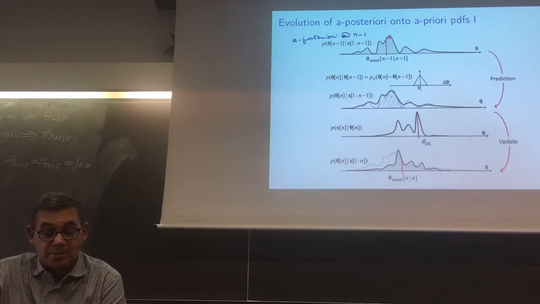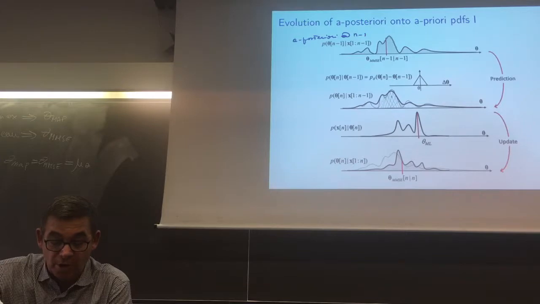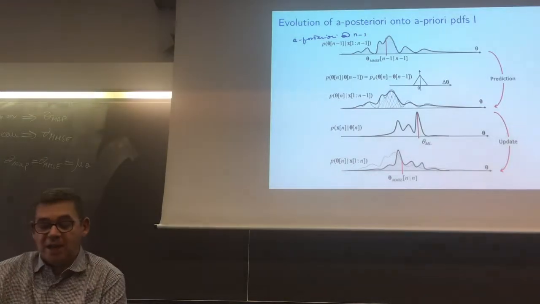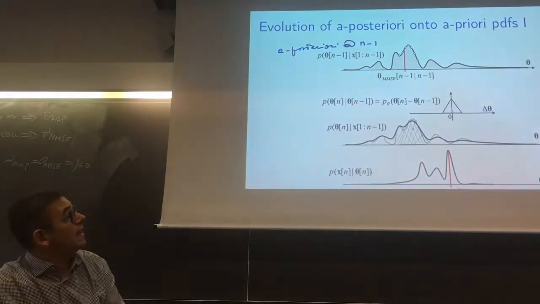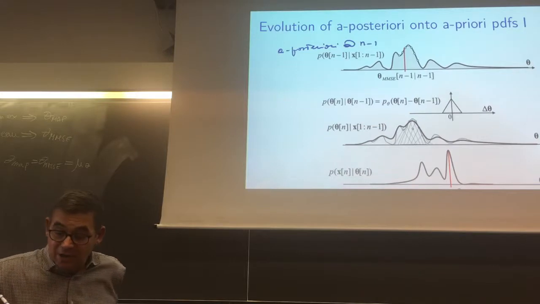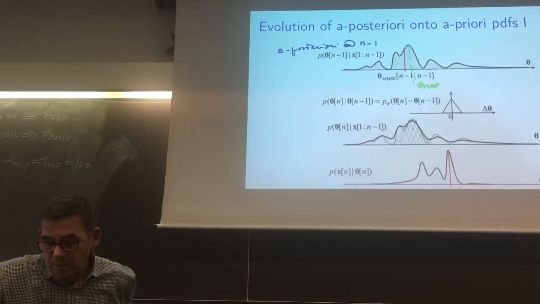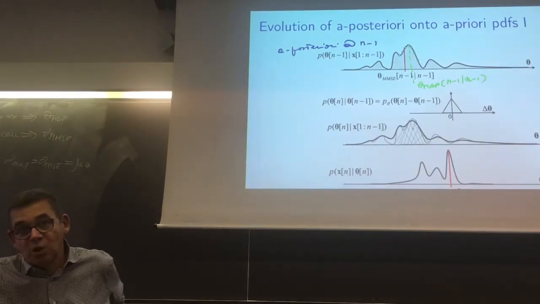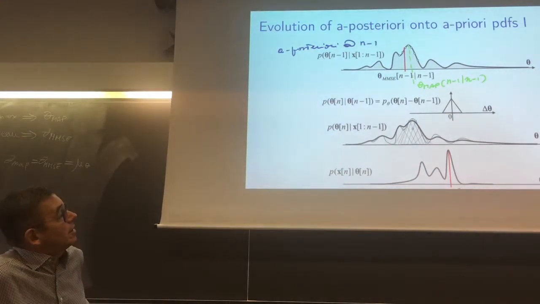I can calculate the maximum, which is the MAP. Having this a posteriori, which is clearly non-Gaussian, so this case is the most general one. Look at here, don't look around. Having that one, I can calculate the MMSE, or I can calculate the MAP. That would be theta MAP n-1 given n-1. Given means given all the data up to n-1, so I cut it down and say given n-1.